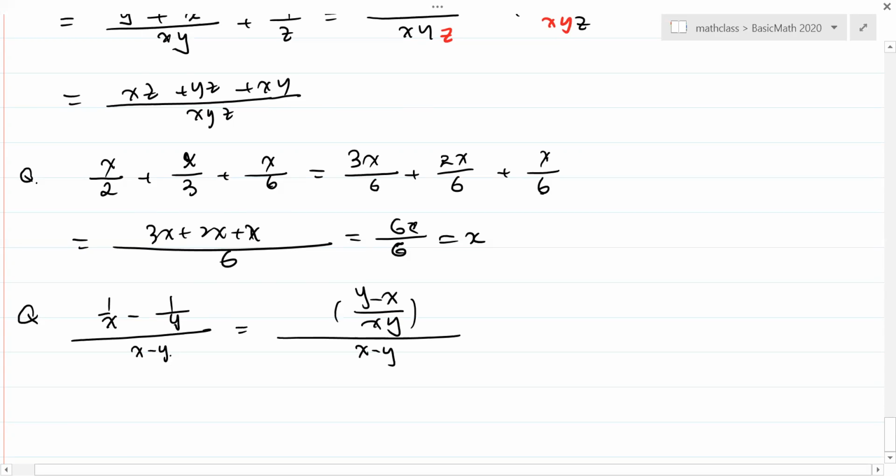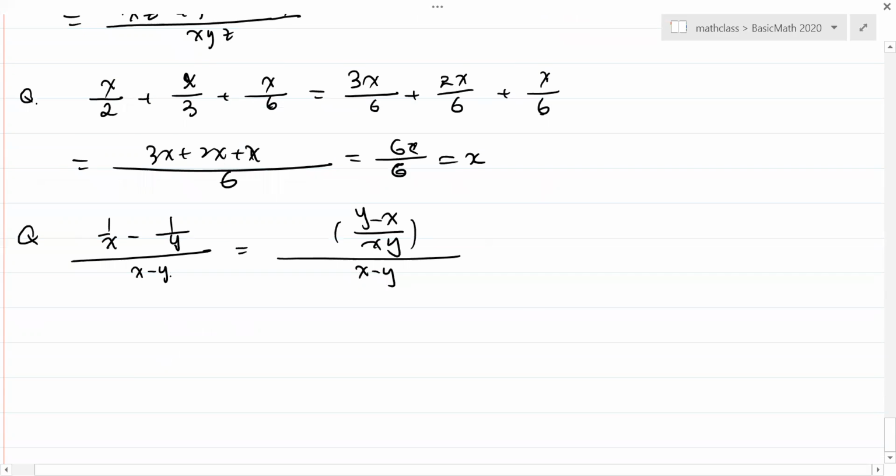So you have fractions over fractions. How do you simplify this? This will be y minus x over x times y, divided by x minus y. So multiply by 1 over x minus y. Remember, a over b can be written as a times 1 over b.